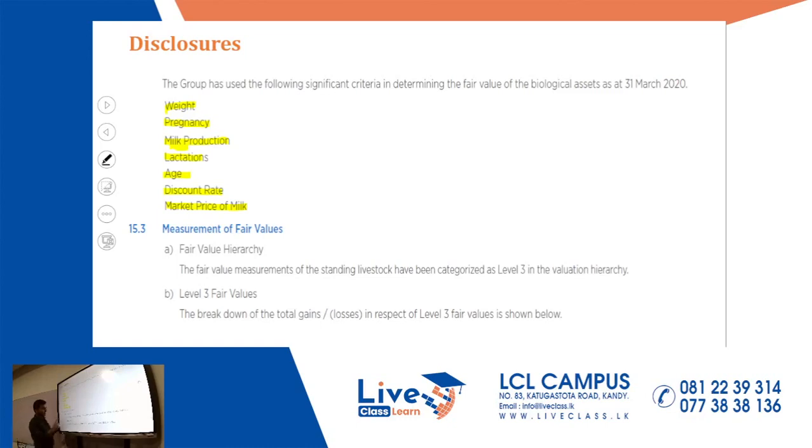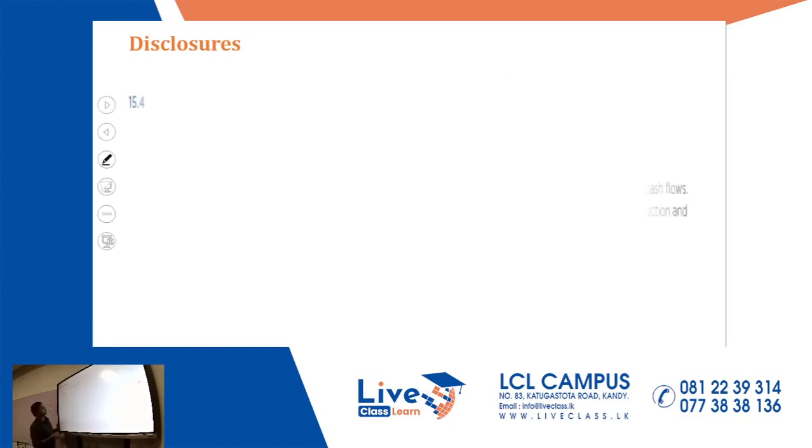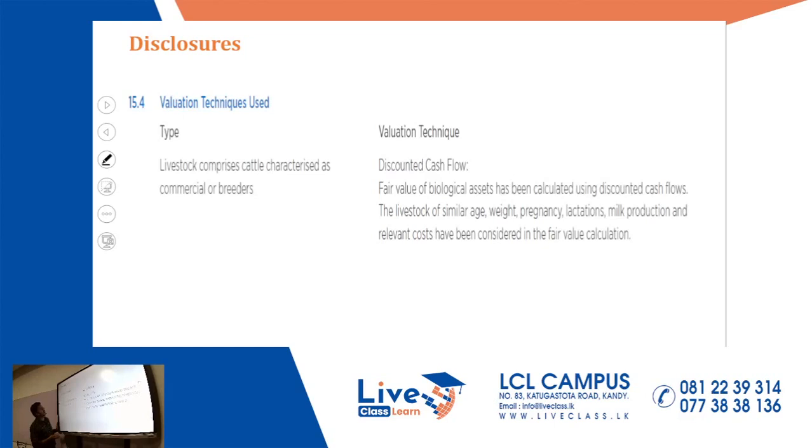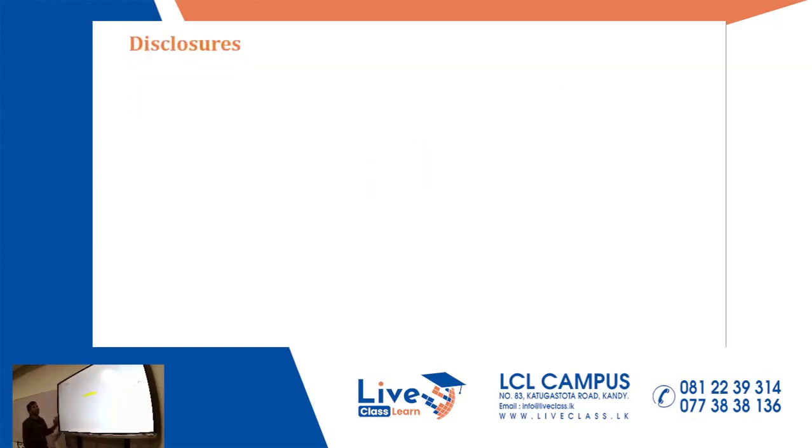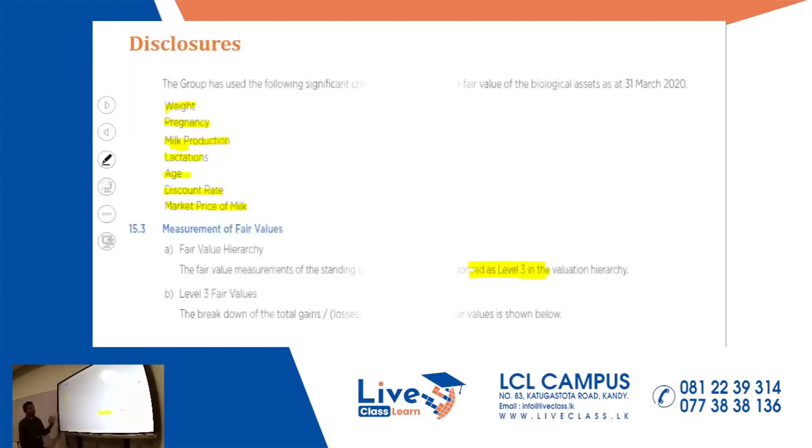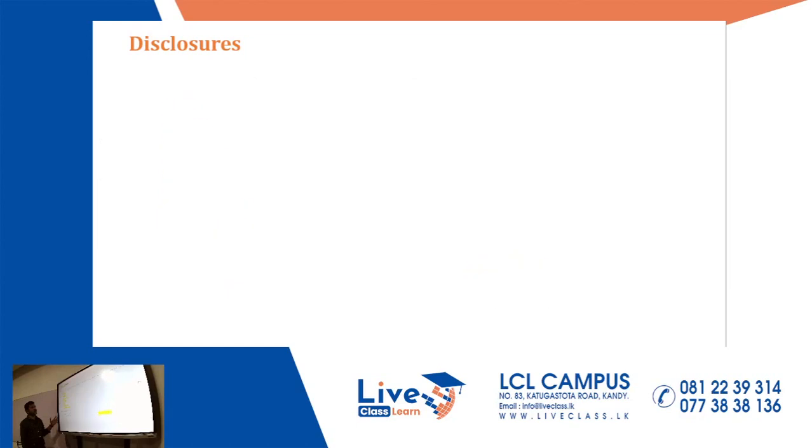Fair value hierarchy: the fair value measurement of the standing livestock has been categorized as level 3, because we don't know how to get that data. Valuation technique used: here you can see they have used the discounted cash flow method, an income approach. Those kinds of things you want to disclose in the financial statements. These relate to the fair values.